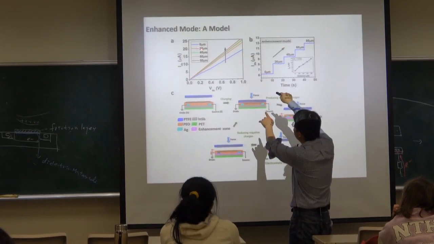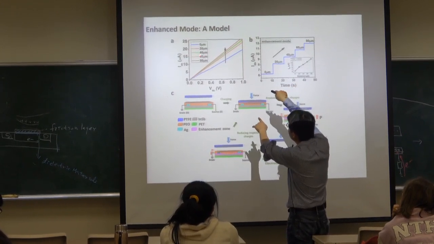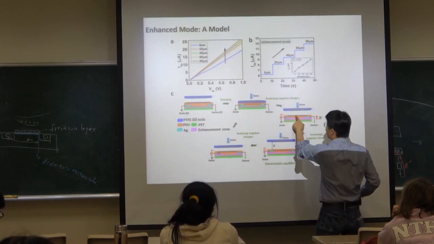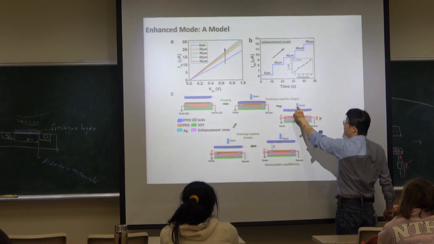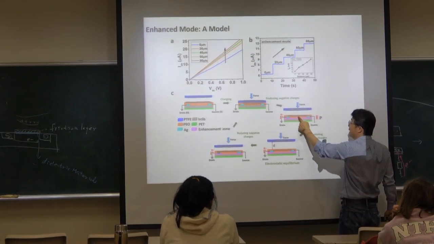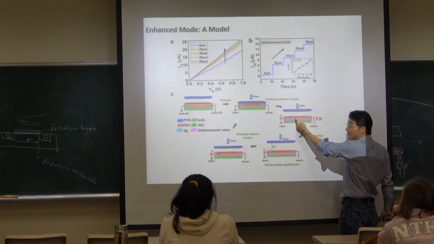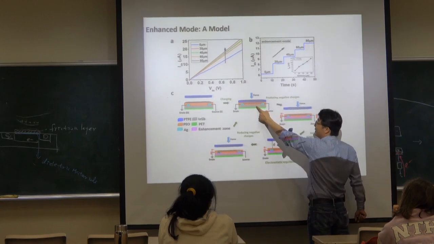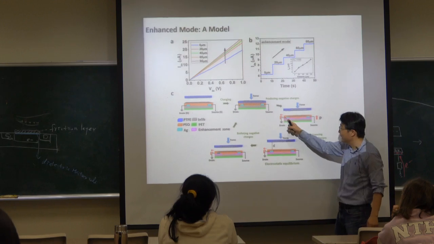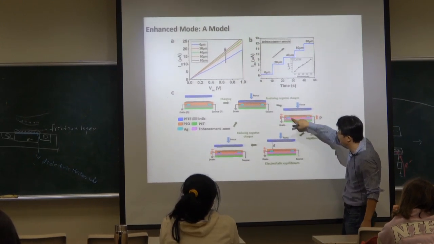For example, at 20 distance, you can see the current increases for 40, 60, and 80. As I increase the distance, here is positive, so the electron must flow into the InSb. This is the InSb there. So the InSb will have electrons flowing in, and therefore it creates a pink color.